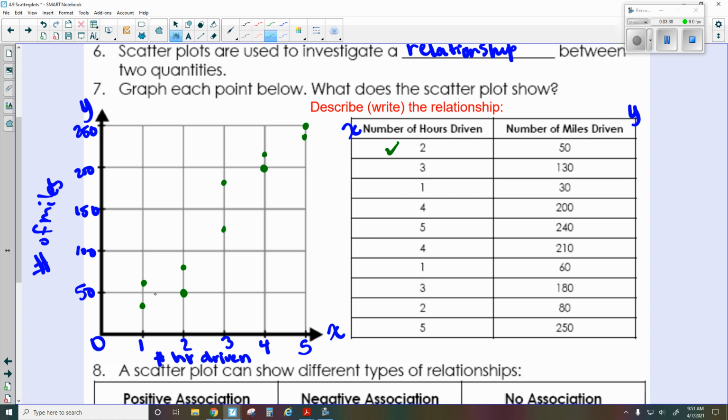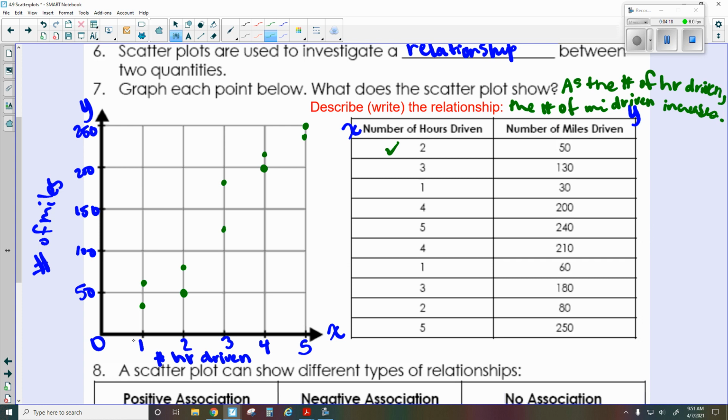Okay, so we do see that our ordered pairs look like they're increasing, right? So it looks like we can say as the number of hours driven, the number of miles driven increases.